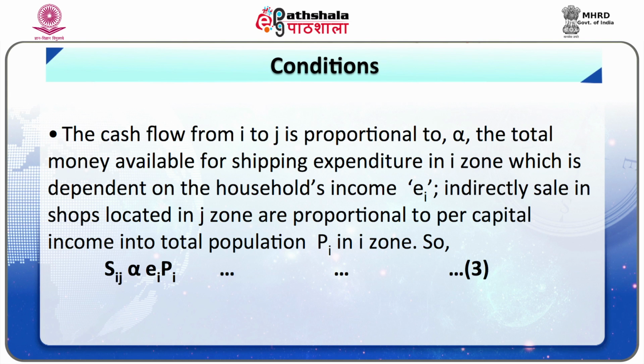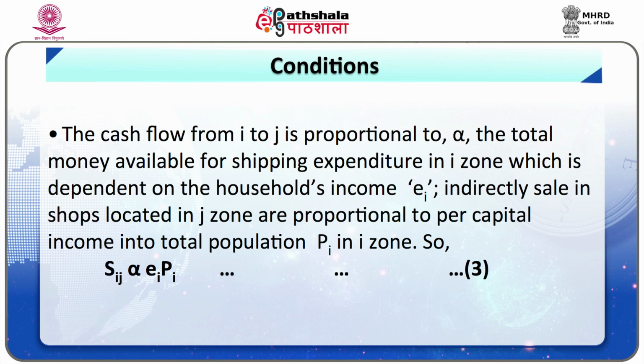Now, three conditions. There are three conditions of cash flow from i to j zones. Number 1, the cash flow from i to j is proportional to alpha, the total money available for shopping expenditure in i zone, which is dependent on the household's income Ei.